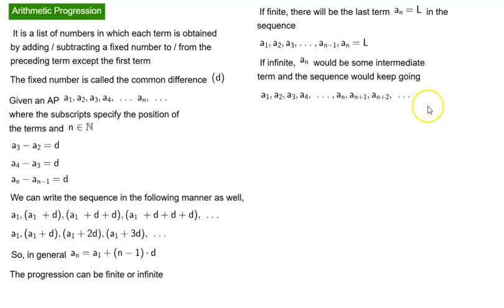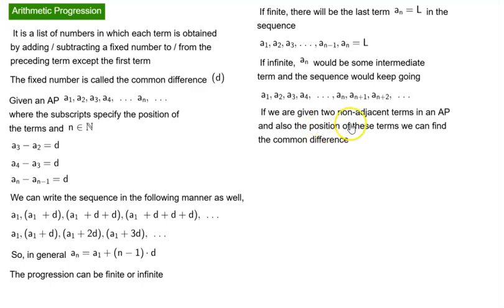So we would write it something like this: A1, A2, A3, A4 dot dot dot A sub n, A sub n plus 1, A sub n plus 2 dot dot dot. Now, if you want to show a previous term to A sub n, we would say A sub n minus 1, A sub n minus 2.